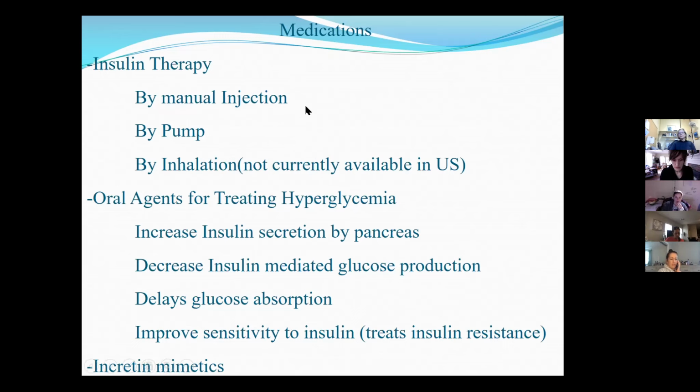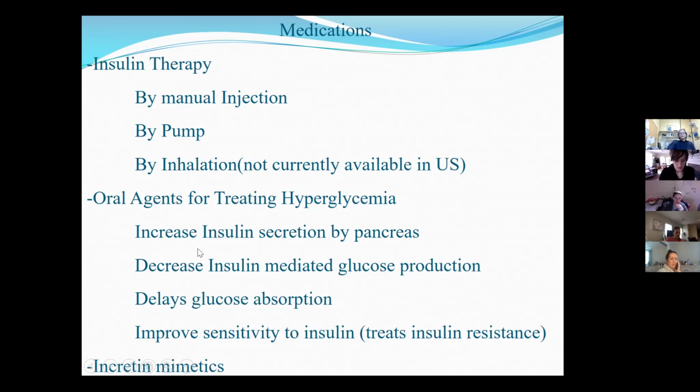By pump, insulin output can very much approximate what a normal pancreas does. Insulin therapy can also be given by inhalation. We've had inhalation insulin available in the US in the past. It's not currently available, but there are some newer formulations of inhaled insulin that are currently in the pipeline.